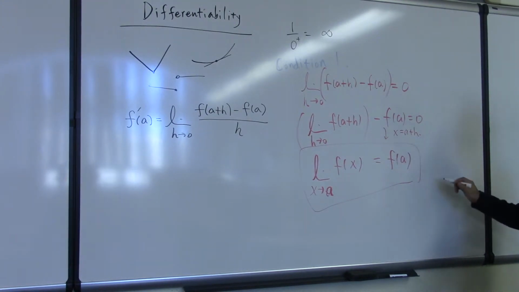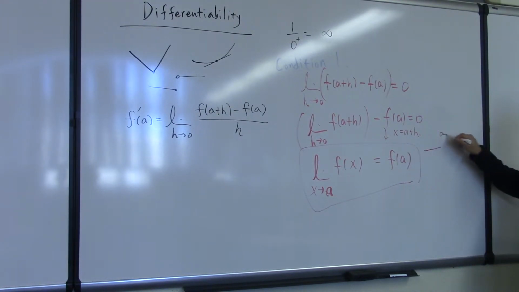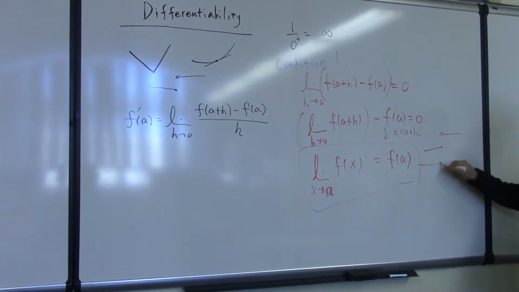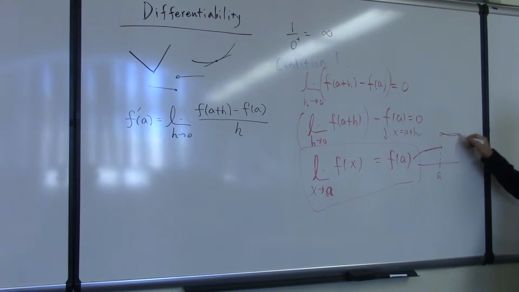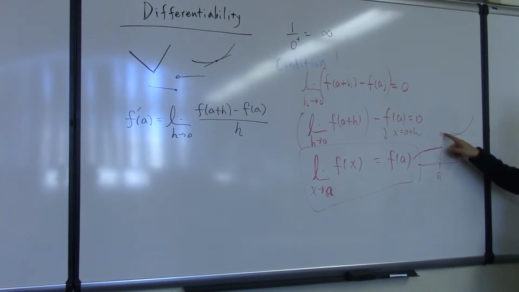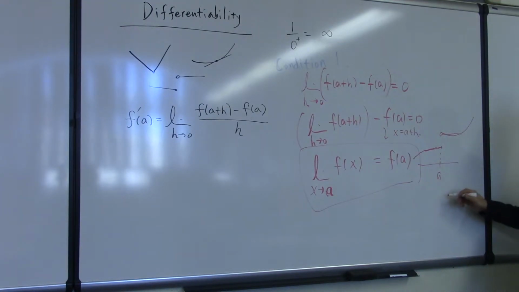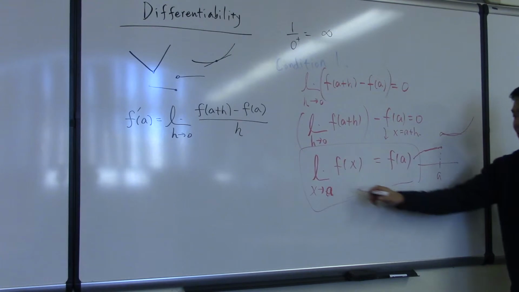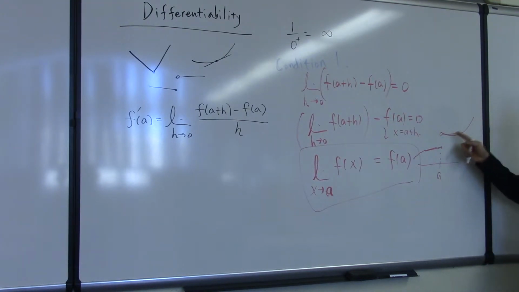So for example, if you had a jump discontinuity at a, let's say here's a, and the value of the function suddenly jumps here. In that case, the limit of f of x as x goes to a is not even defined because the right limit and the left limit do not agree.